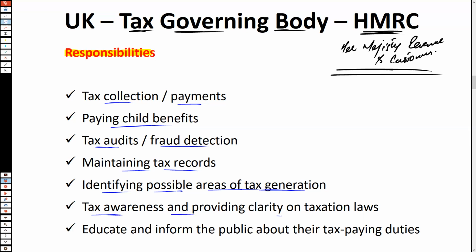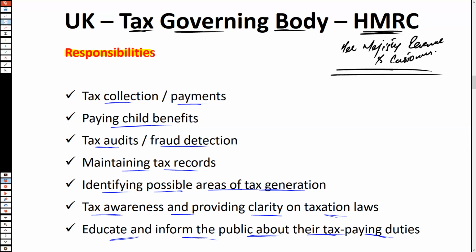And the last 2 points, let me guide you on this. Let's say being a taxpayer, if you are not clear with any taxation law, if you are unaware of any taxation law, if you are not getting the meaning of any tax law, in this case, you would be writing to the tax governing body, and it's the responsibility of the tax governing body to respond.